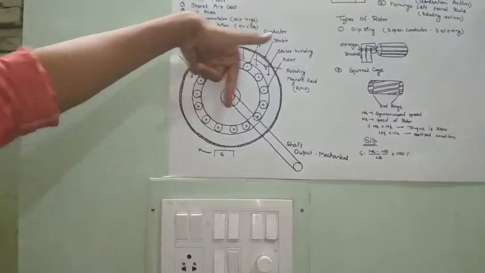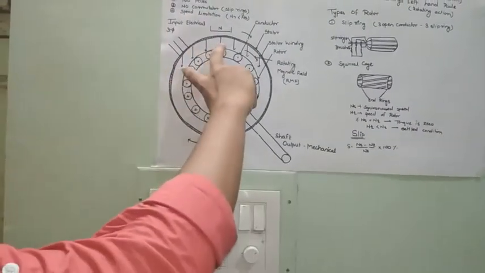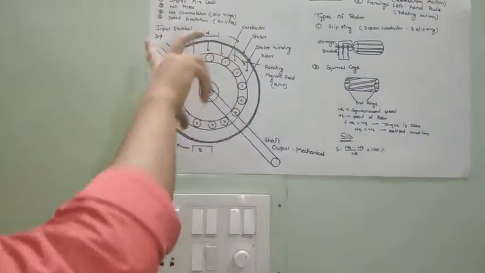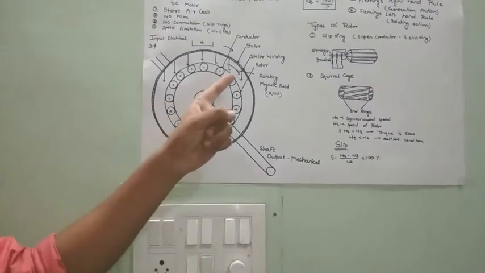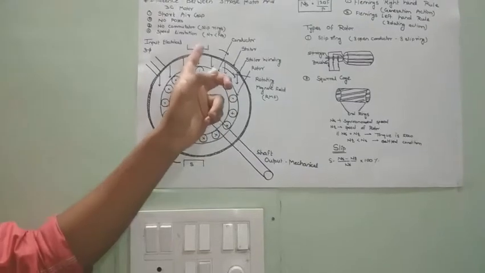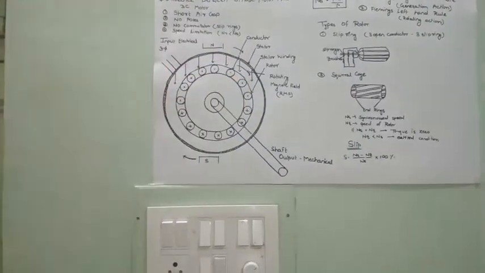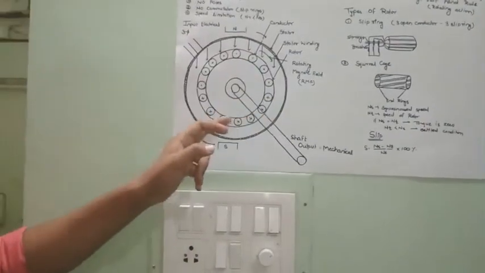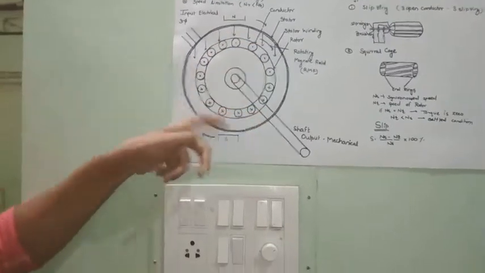So the direction is to the right, that is, the rotor or the conductor is moving in the clockwise direction. By this we have come to the conclusion that the direction of the rotating magnetic field and the direction of the rotor, that is the conductor, is the same.